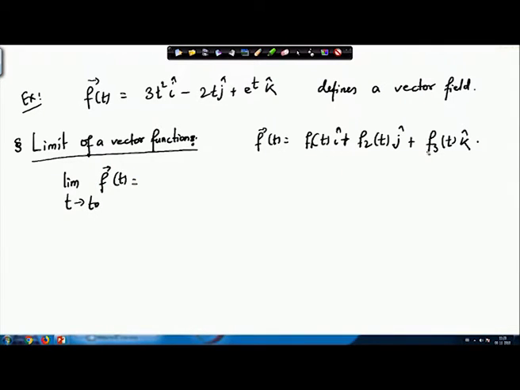How do we define the limits on f1(t) i, f2(t) j, f3(t) k? The idea is to define the limit in every component.